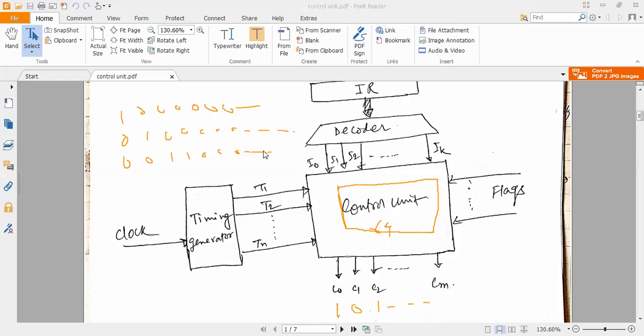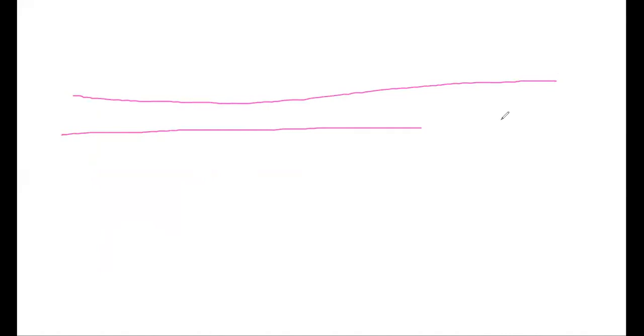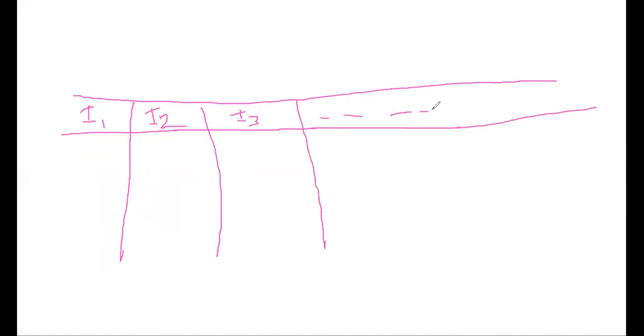Look here, make a table. What are the instructions? I1, maybe I2, these are the micro instructions, I3 will go on.